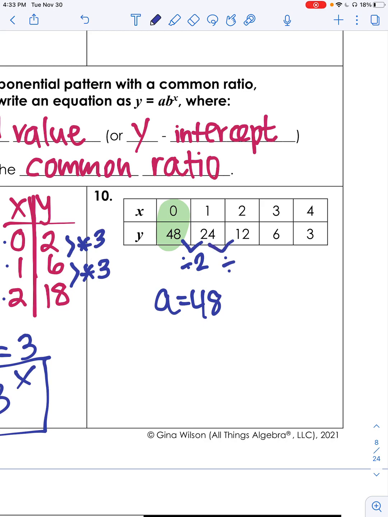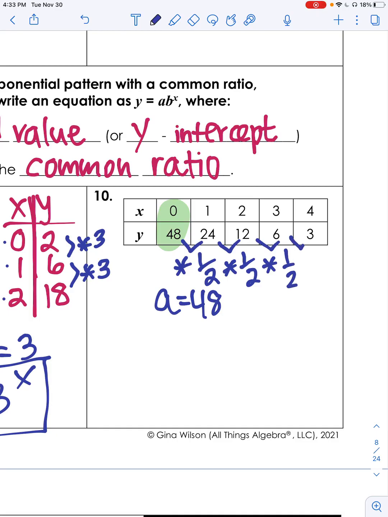Okay, so this is an exponential decay, but we are going to have to identify what is multiplied each time. So in this case, you would multiply by 1/2 to get from one step to the next. That's your common ratio. Multiplying by 1/2 is the same as dividing by 2.